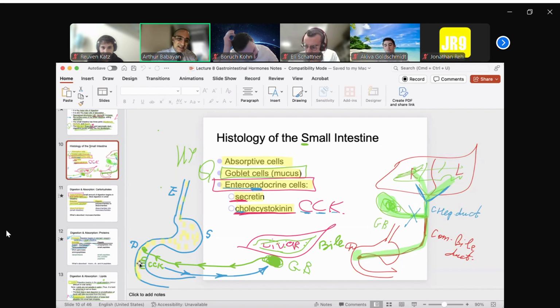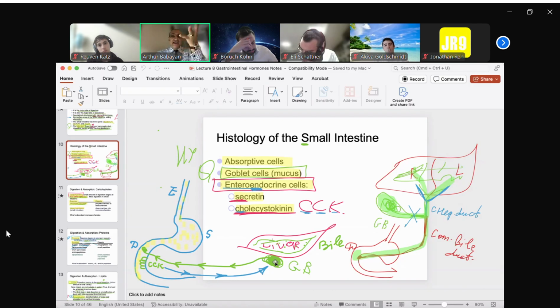Enteroendocrine cells in the duodenum start to produce CCK, cholecystokinin. Cholecystokinin, blue arrow here, sends signals to the gallbladder and says, hello gallbladder, I need your help. I cannot digest the fatty food in the duodenum. And the gallbladder says, how can I help you? He says, I need your bile.